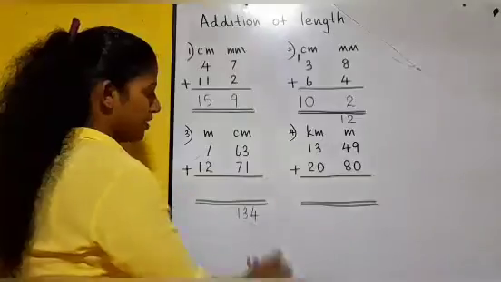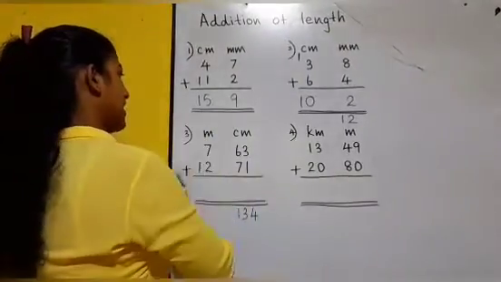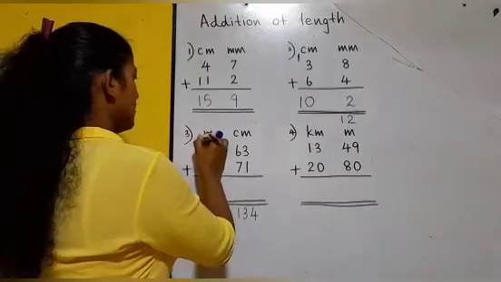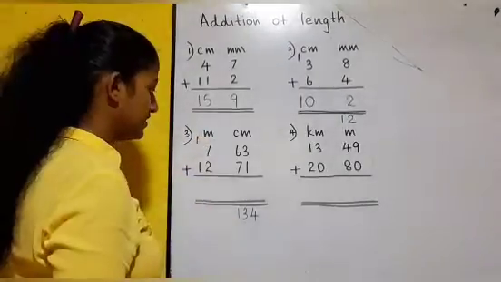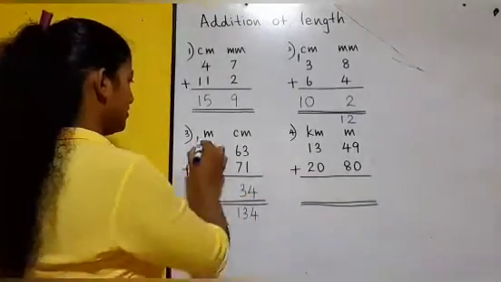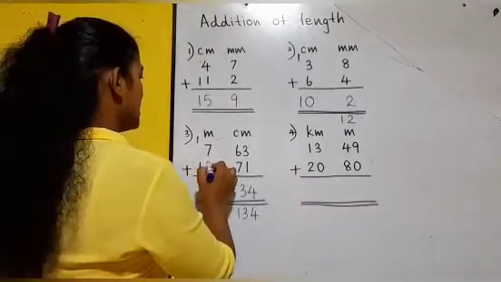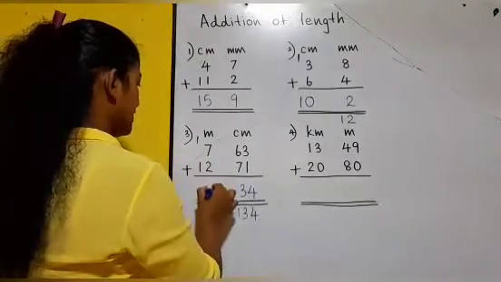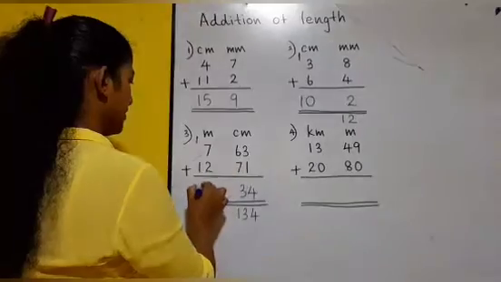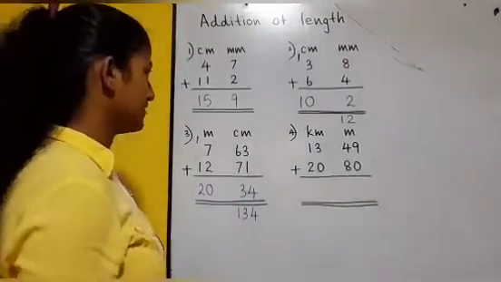You can't keep 134 on this side. You have to take 100 centimeters as 1 meter to the meter side. Then the remaining value is 34. Now do this addition. 7 plus 2 is 9. 9 plus 1, 0. 1 is remaining. 1 plus 1, 2. 20 meters.